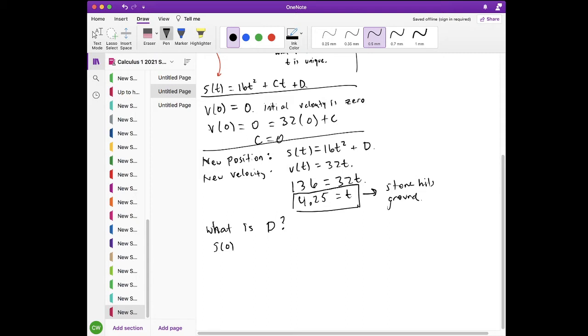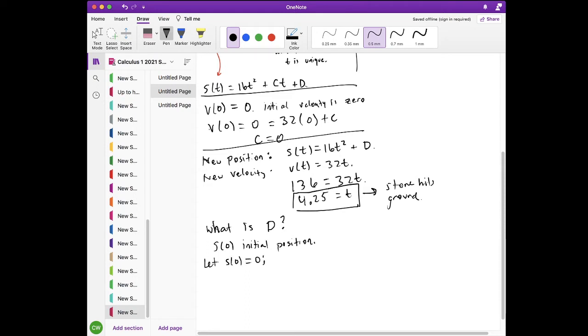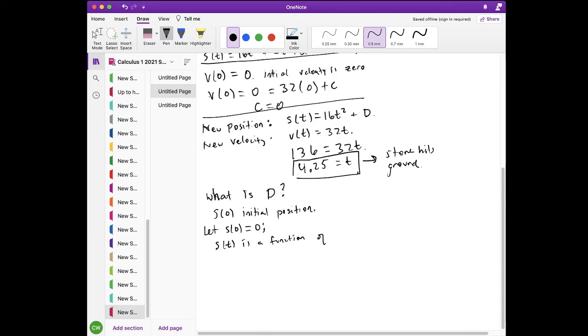Initial position, yeah. So there are two things that we can do. This one I think is maybe the clearer one. If you want to let s of 0 equal 0, then what does s of t measure? If you set your initial position to be 0, then what is the new s of t a measure of?